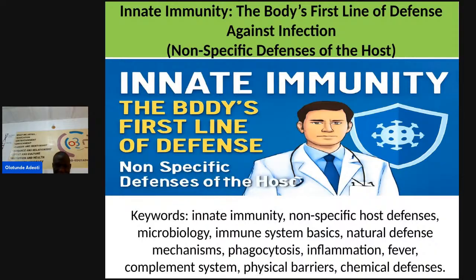I told us earlier that the complement system, from the word complement, plays the role of complementing what the other types of immune system cannot do, coming to help the immune system. It is a set of about 20-something, 27 proteins that come together to form the complement system. Then we'll look at the physical barriers that nature endows us with. And what do we mean by chemical defenses?